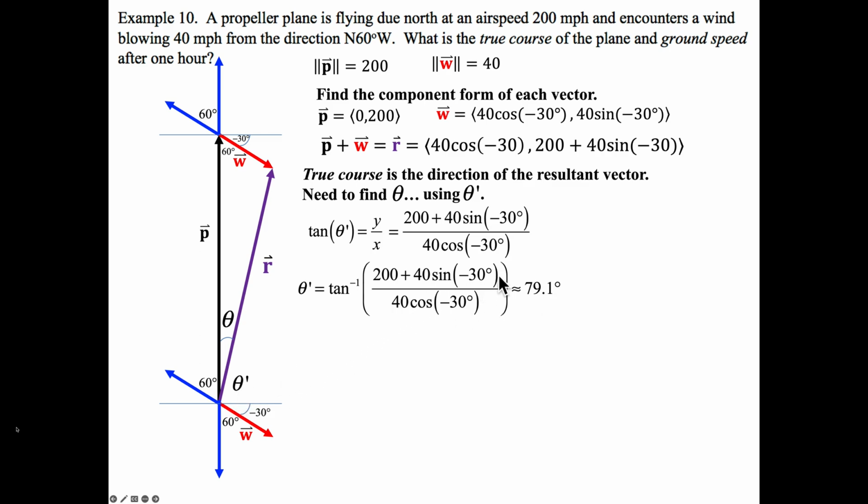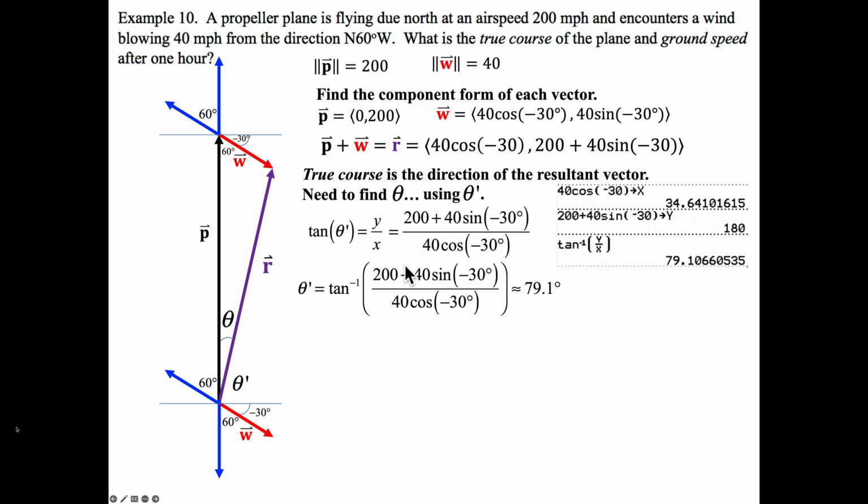Now, how I found that with your calculator: what you should do, because we're going to need to use the x component and y component again. Here was my calculator entry. I plugged in the x component right here, and I stored it for x. The store button is right above the on button. So you type in the expression, the store button, x, and enter.